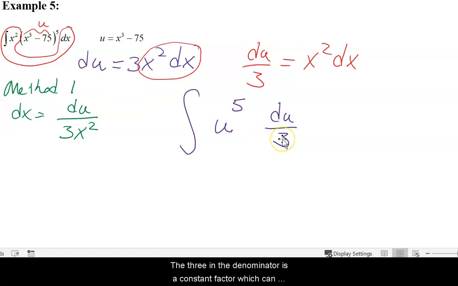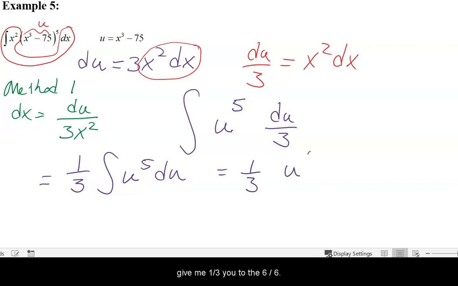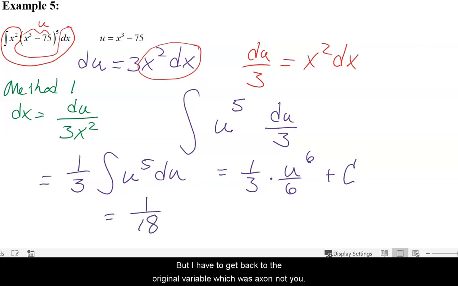Now, the 3 in the denominator is a constant factor which can be pulled to the front, so I get 1/3 the integral of u to the 5th du. Now I just do the power rule for integrals, and this would give me 1/3 u to the 6th divided by 6 plus the constant of integration. 1/3 times 1/6 will give me 1/18, but I have to get back to the original variable, which was x and not u.